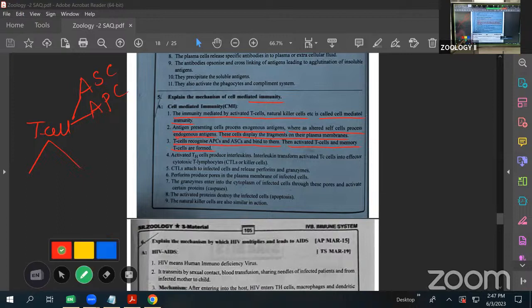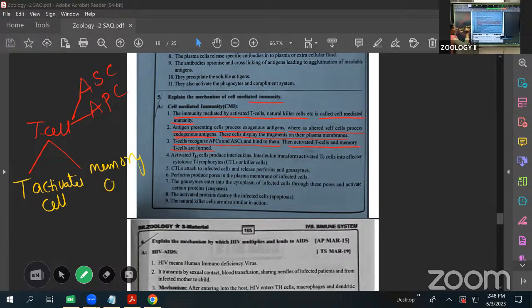They are the activated T cell and the memory cell. Same as B cells, which also have memory cells. See, observe here, activated T cells are formed and the memory cells are formed.